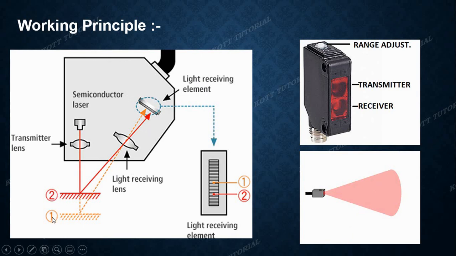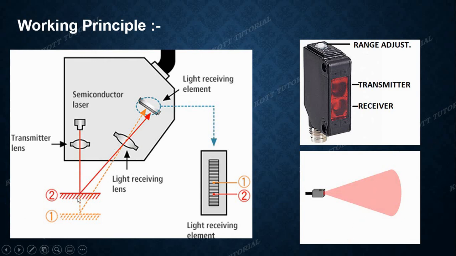Now here we can see 2 points, that is 1 and 2. Point 2 means our target is at distance 2, and it is reflected from here. When our target is at distance 1, it is targeted from point 1. The only difference we can see here is that the angle of reflection when the object is at point 2 and at point 1 is different.